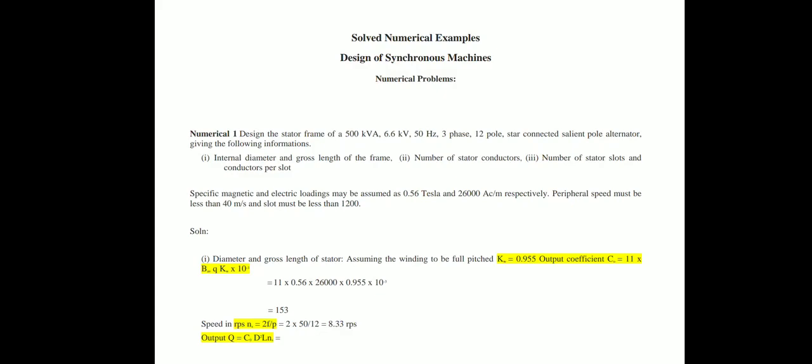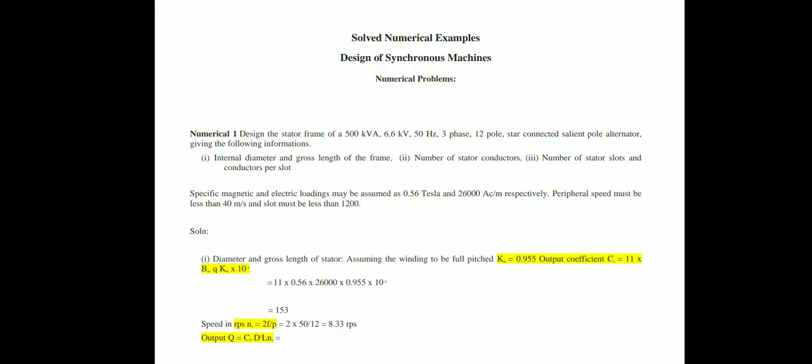Now I always advise my students, whenever dealing with a numerical example, which is very easy to understand once you have good knowledge of the theory taught in your previous classes, just go through the statement of the numerical 2 or 3 times.